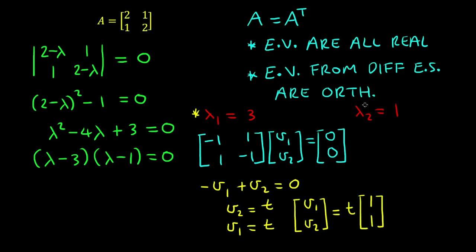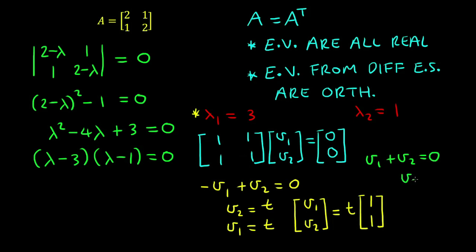And for our second eigenvalue, we have 2 minus lambda and 2 minus lambda, giving 1's on the diagonal. Again, subtracting row 1 from row 2, we get zeros in row 2. So we're left with v1 plus v2 is equal to 0.